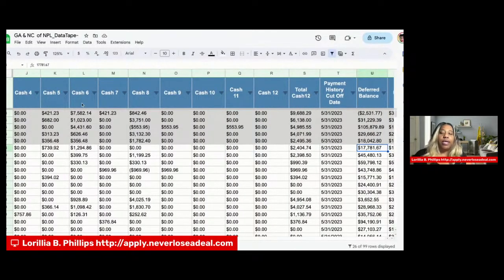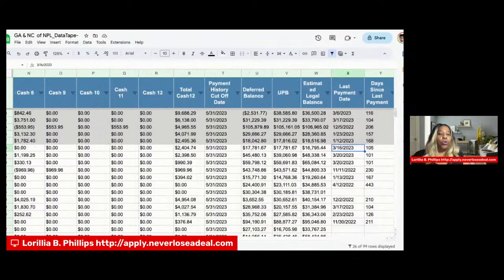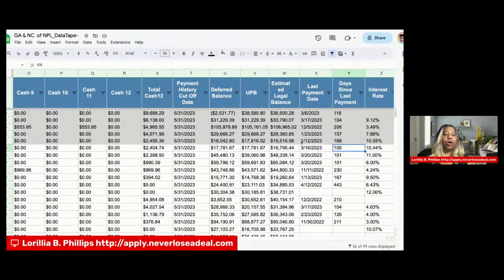So they made a payment in June and in May, and it looks like they make big lump sum payments. And so the unpaid balance on this particular asset is 17,781, and I do some calculations according to the asset manager.